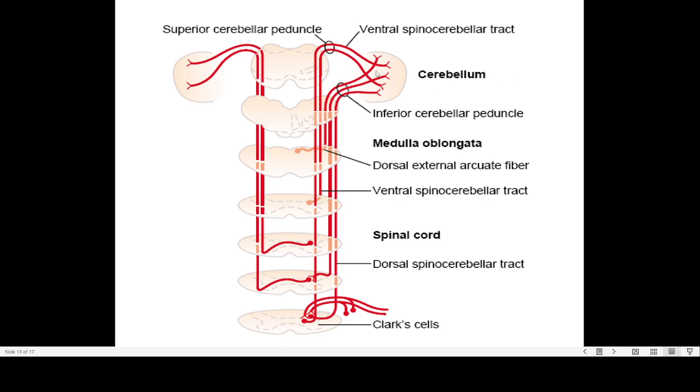Similarly here, for example, see the superior cerebellar peduncle, and that will be connected to different fibers from the cerebellum to the spinal cord. That is also called a group of nerve tracts, which will be connected particularly from the spinal cord to the cerebellum.